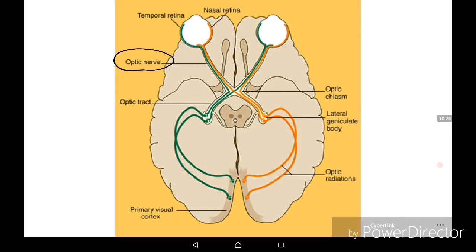and is projected in the cortex of the opposite hemisphere. And it should be mentioned that the information is processed in the thalamus, in the lateral geniculate body.